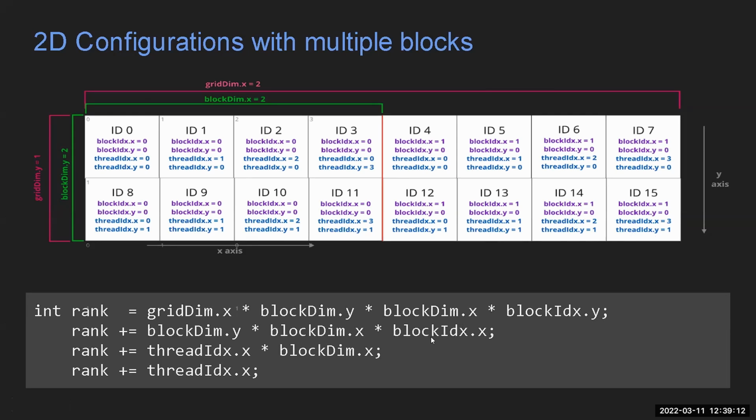Then this X index for the block, we're in this block over here, right? This is block 1. This is block 0. We want to account for everything that's in block 0. So that's what this does for us.